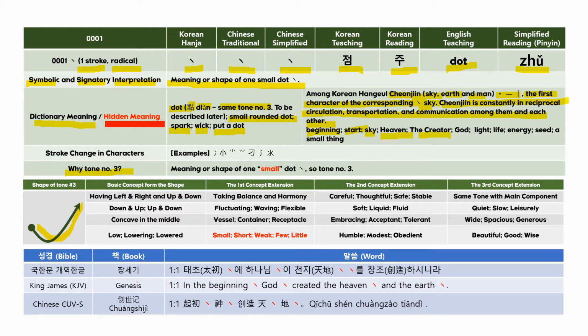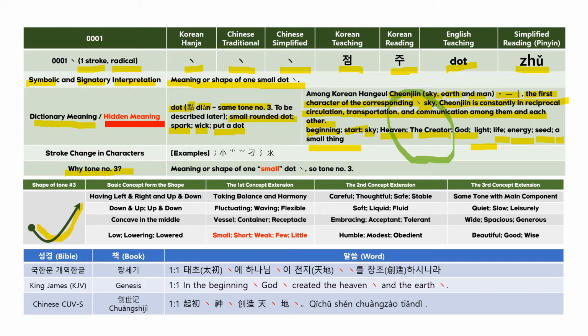Depending on your religion, you may have a name for the creator, your God. Also the hidden meanings are light, life, energy, a small seed, and a small thing. So please try to remember these hidden meanings of dot.